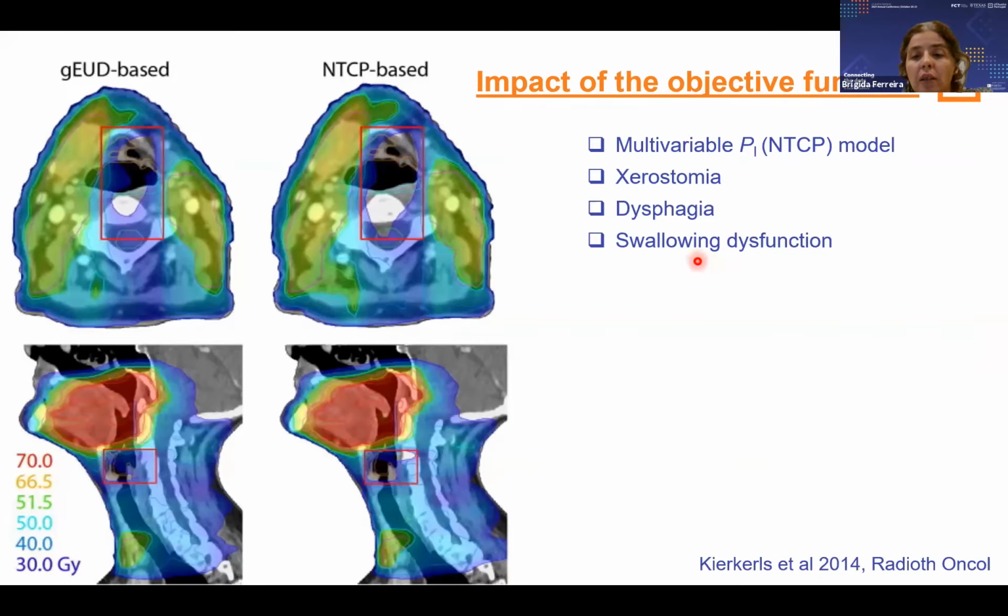This is a study made by Kierkels and colleagues, where they compared the distributions obtained by physical optimization based on EUD, which already has some biological information incorporated, with a biological objective function where they were trying to reduce the probability of xerostomia, dysphagia, and swallowing dysfunction.